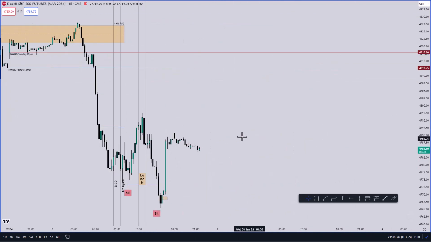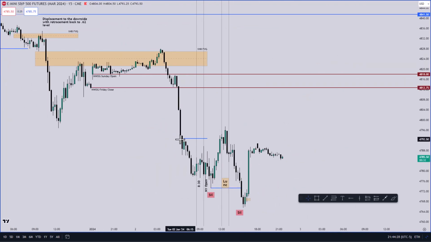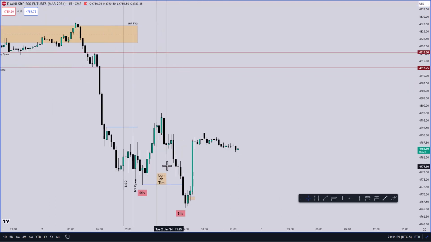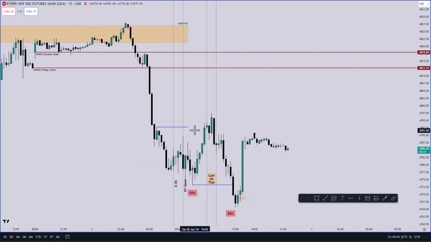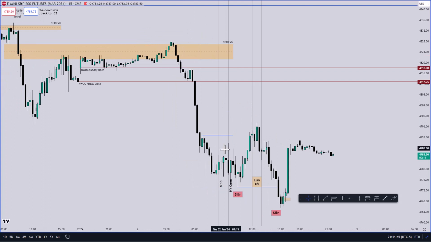On the 15-minute, we had a sudden drop, 6:30, going up to 7:45, and then at 8:30 we are going up a little bit, retracing a little bit because I had a bearish bias. I really wasn't looking for any upside trades or anything like that.